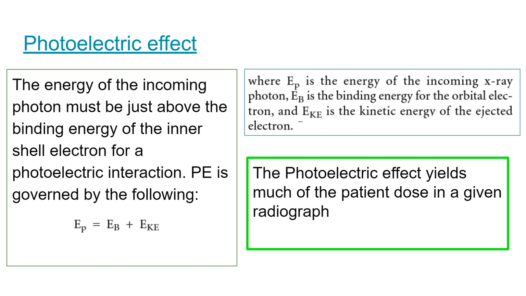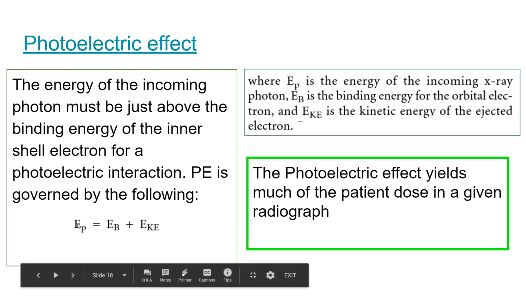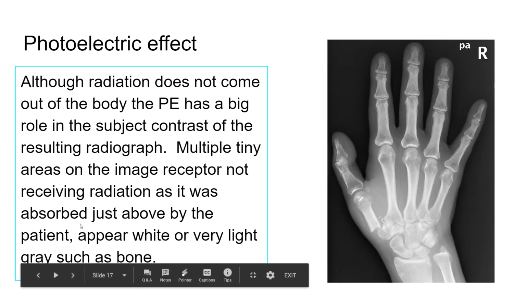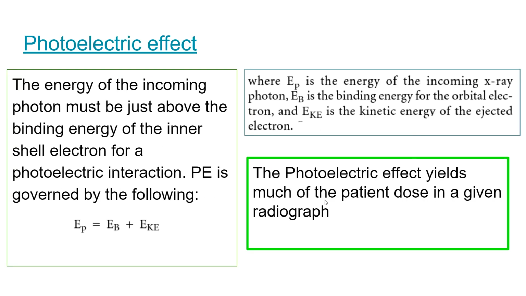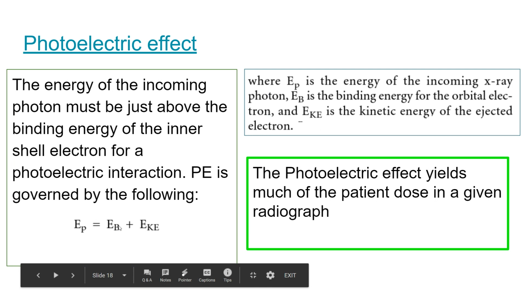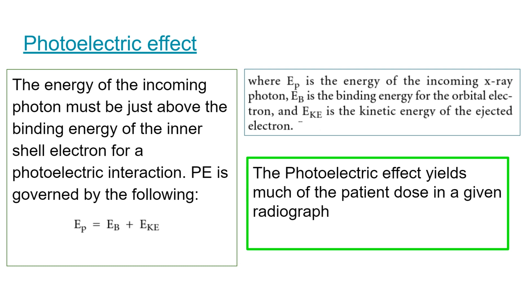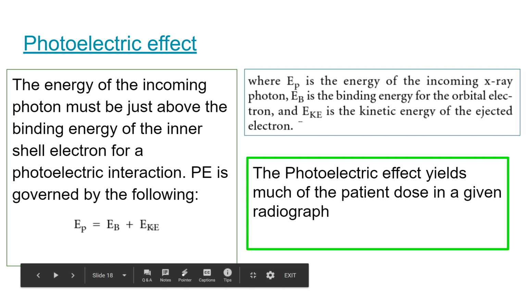So again, here is your photon, right? That's this one here. Your photon is equal to the binding energy of the electron that it knocks out plus the energy of the electron that's flying out.